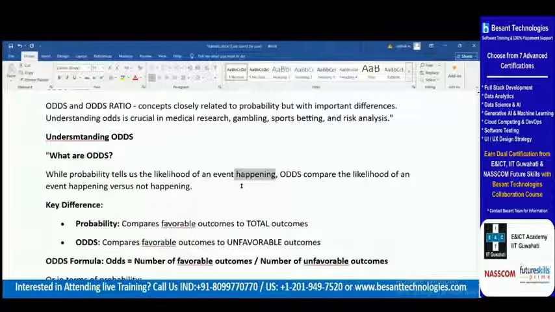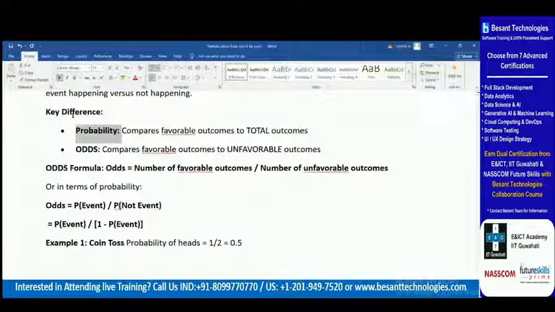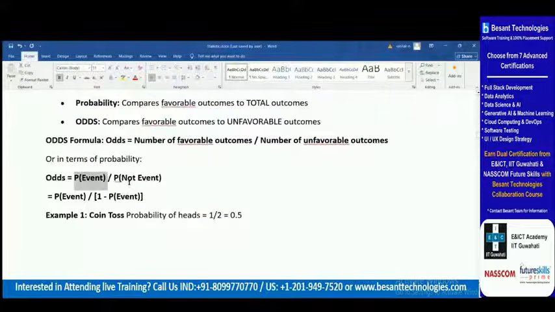In short, probability compares favorable outcomes to total outcomes, which is n of A divided by n of S, whereas the odds ratio compares favorable outcomes to unfavorable outcomes, so you'll always get 1 minus P of A. The odds ratio formula is P of event divided by P of not event, and P of not event means 1 minus P of event.